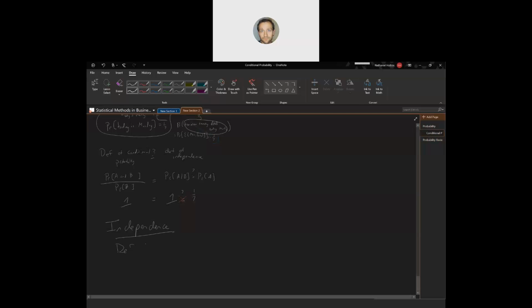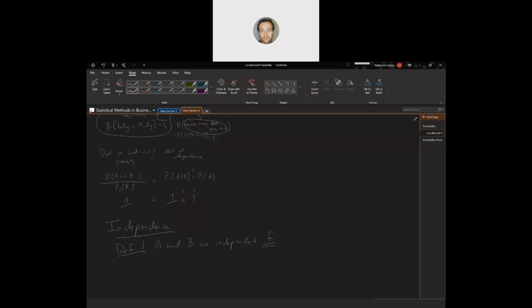independence. Definition 1: A and B are independent if, and I'm underlining if, because if this is not true, then A and B are not independent.